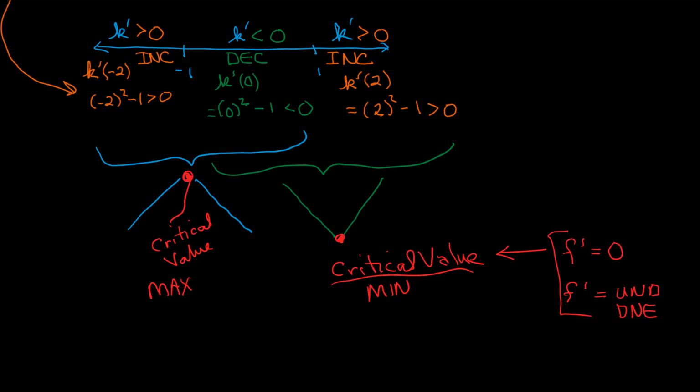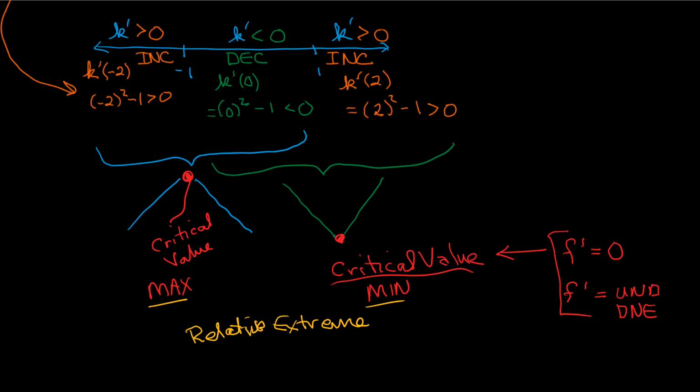While we're looking at these critical values, we need to realize that each of these, this maximum and this minimum, represents something that has a special name. It is called a relative extreme. By relative extreme, relative means compared to things around it.